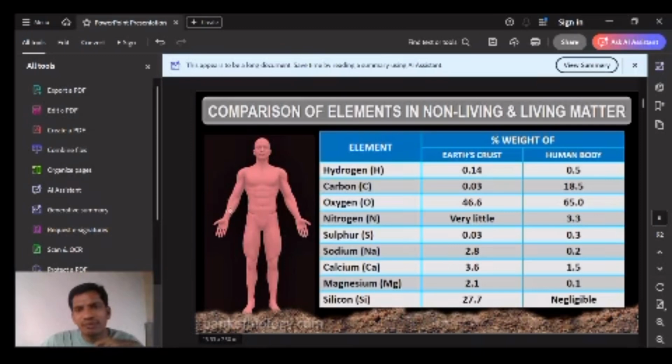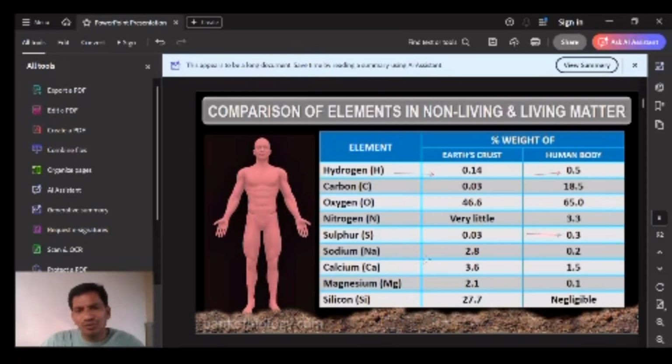Here the percentages are given for living and non-living matter: how many kinds of elements there are. Take hydrogen: 0.14 in the earth's crust and 0.5 in the human body.